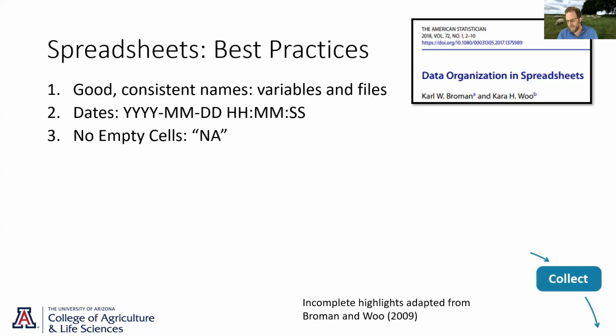Commonly, you might have a file type that won't allow you to put text in a number field, and people will use -9999 or something similar for missing data. That can be useful, but it can also result in errors that you won't know about. So if you take the mean across a vector, and one of the numbers is -9999, it'll throw it off and you won't know what it is.